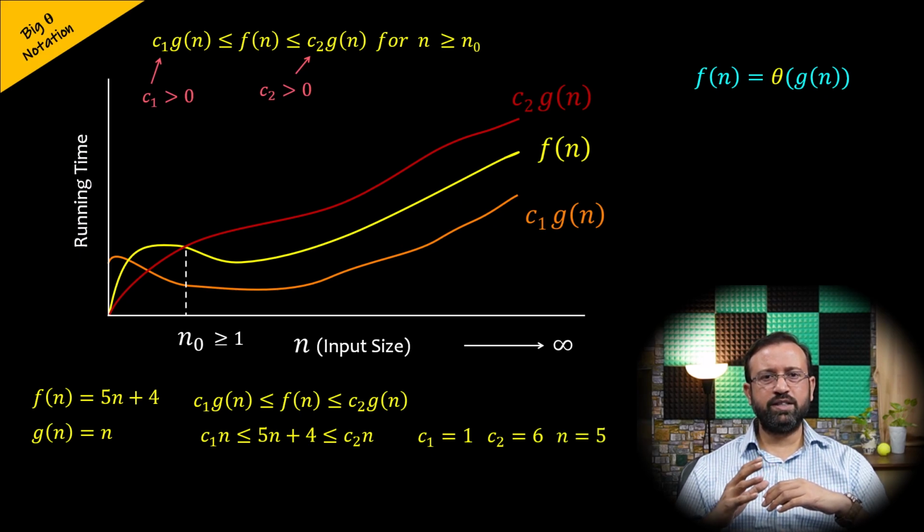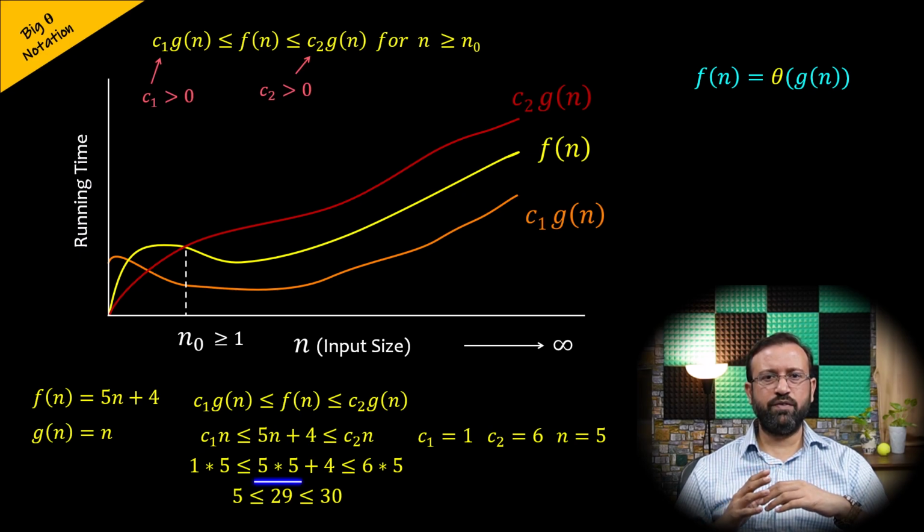So, when we evaluate this expression, c1 multiplied by n less than or equal to 5n plus 4 less than or equal to c2 multiplied by n, using c1 as 1 and c2 as 6 and n as 5, we get 1 multiplied by 5, which is 5, less than or equal to 5 multiplied by 5, which is 25, plus 4, which is 29, less than or equal to 6 multiplied by 5, which is 30.